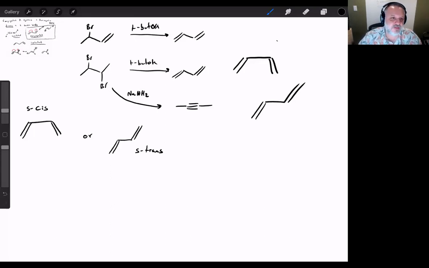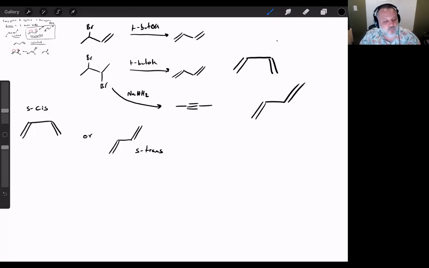Looking in the mechanism and looking at the different energies of the intermediates is certainly another reason. And they both have the same ability to do this resonance that we were talking about. They're both conjugated, and so there is some resonance going on, but the resonance is equal in both cases.